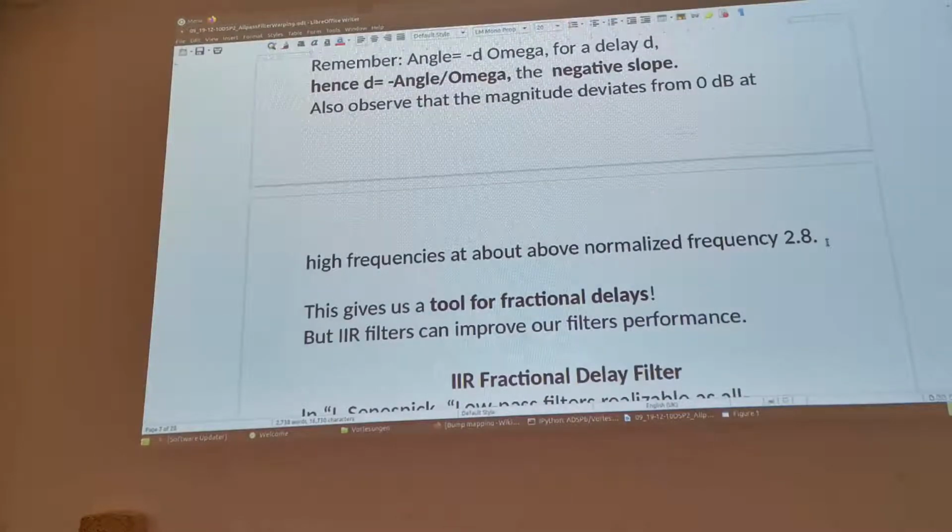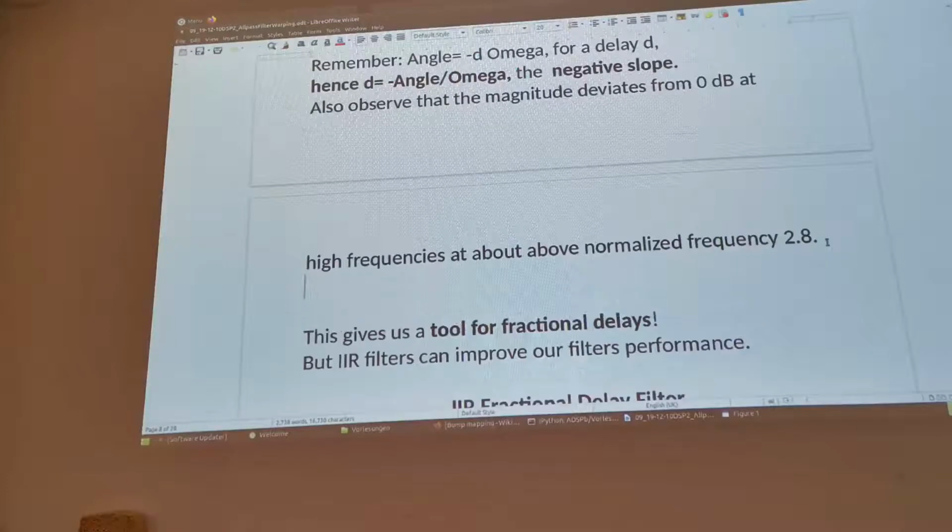Yeah, so first this is what I just said here about the loss at high frequencies. To estimate the obtained delay, we do that for checking or for verification.